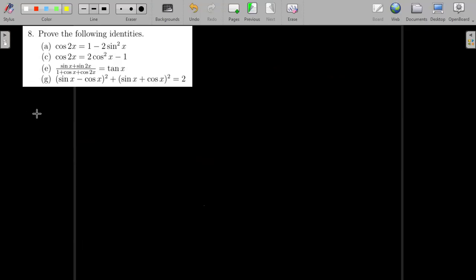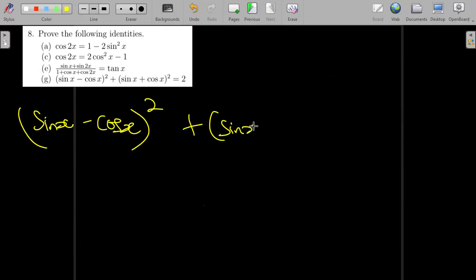Okay, so G, we have (sine x minus cos x) squared plus (sine x plus cos x) squared equals 2. The part on the left is the one that looks complicated, so we'll try to show that this part on the left is actually just 2. So let's just expand.